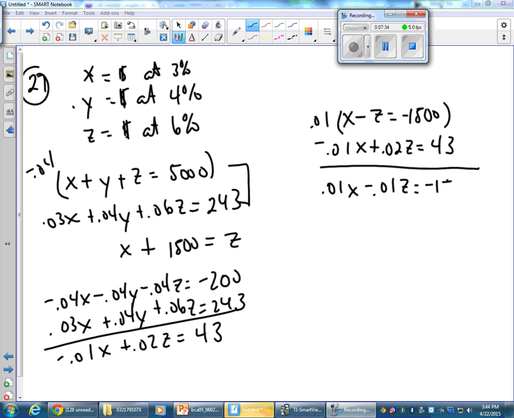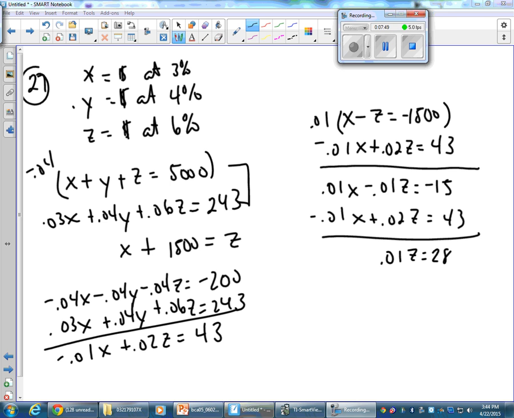So that would be negative 15 over here. And the bottom line is going to stay the same. Combine these two lines together, the x's cancel. We get 0.01z equals negative 15 plus 43 is 28. Divide by 0.01. At 6%, he invested $2,800.